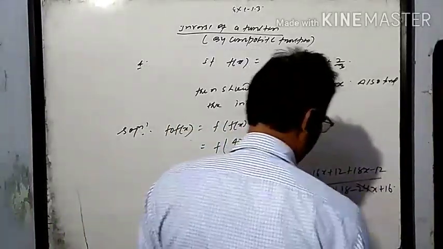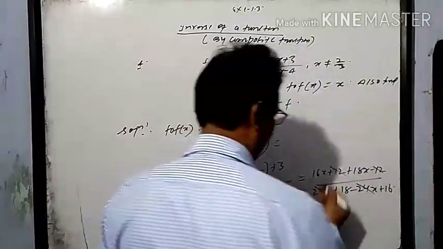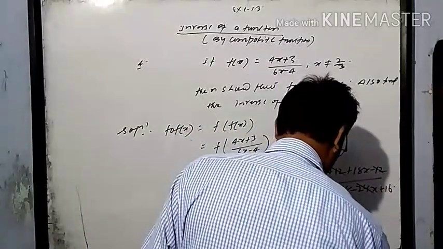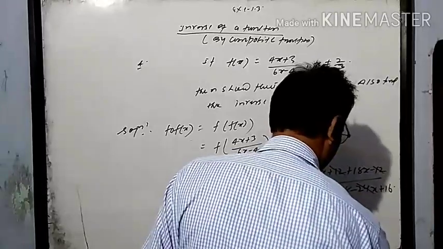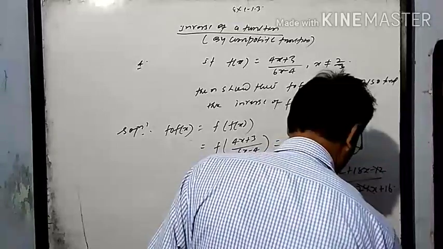Taking the LCM, this is equal to 34x divided by 34, which is equal to x.